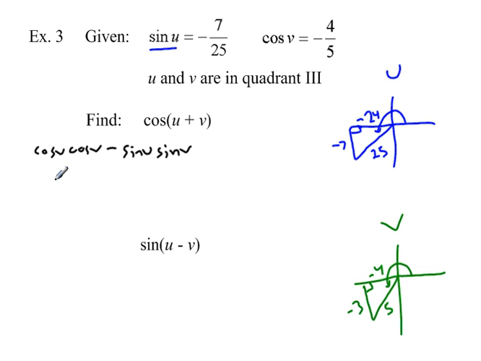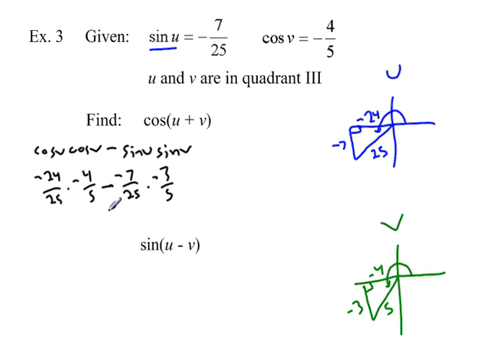So the cosine of U is negative 24 over 25 times the cosine of V, which is negative 4/5, minus the sine of U, which is negative 7 over 25, times the sine of V, which is negative 3/5.